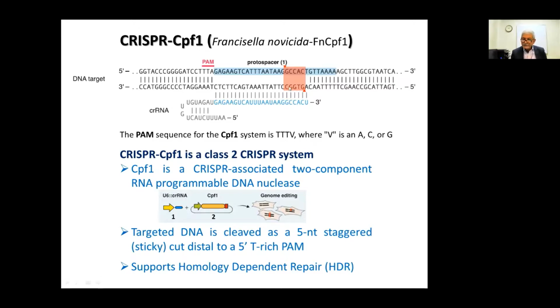And then you can add the same overhangs to the DNA fragment that you want to replace between the 2 CPF1 gRNA complexes.